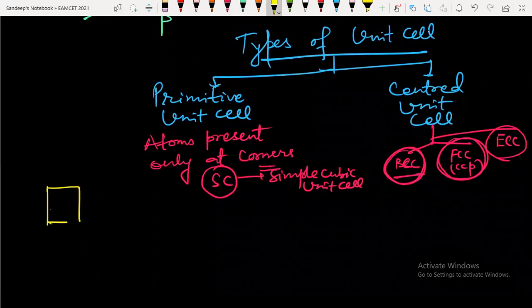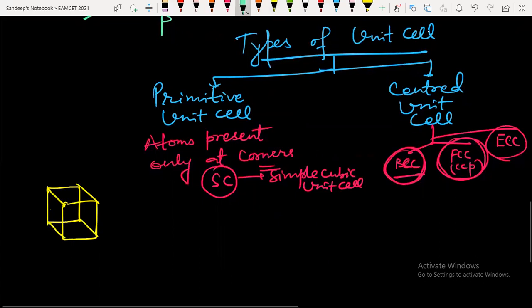So if you see a unit cell, these are the corners. This is a simple cubic unit cell. The contribution of an atom at a corner is 1/8.